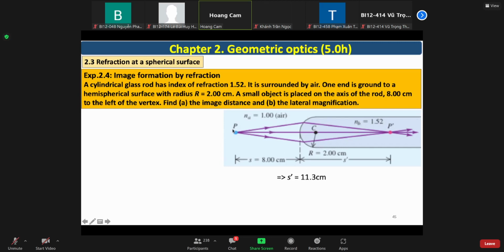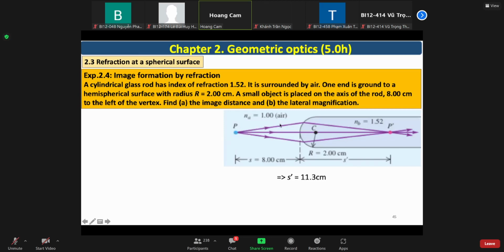The object is placed on the axis of the rod, also in air, 8 centimeters to the left of the vertex. So the object distance S equals 8 centimeters. With the center of curvature here, we can find the image.